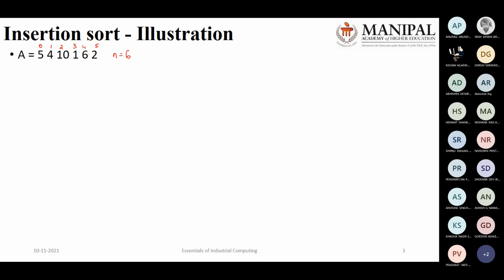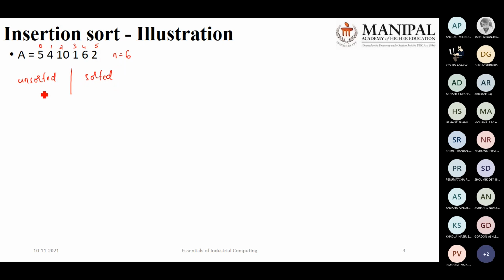Now, basically, when I say it is insertion sort or it is decrease and conquer method, the array should have two parts. One is the unsorted sublist, the other one is the sorted sublist. So you are considering the unsorted array and the sorted array.